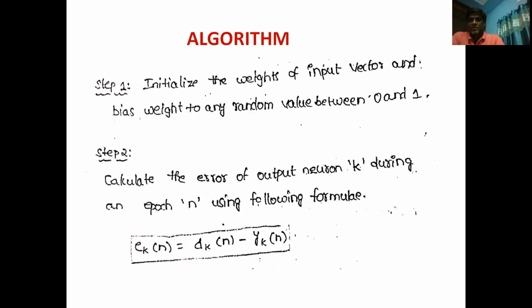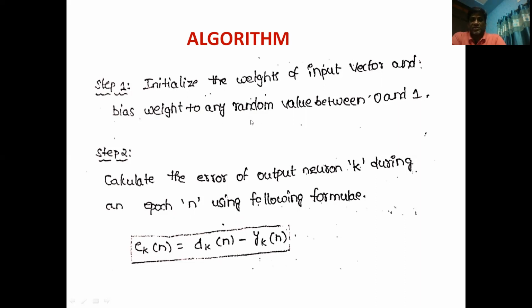With this introduction, let us go through the algorithm that will be used for designing a neural network that makes use of error correction learning. Step one of the algorithm is to initialize the weights and biases with some random values between 0 and 1. Then we use the formula of summation of xi wi to calculate the actual output of a particular neuron.